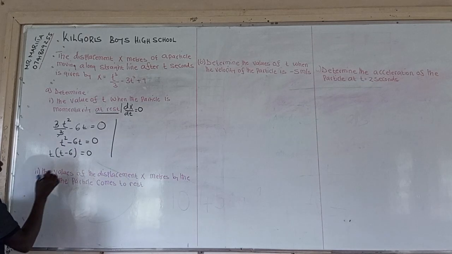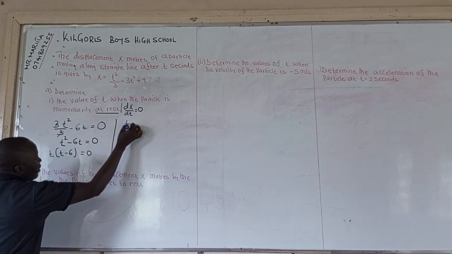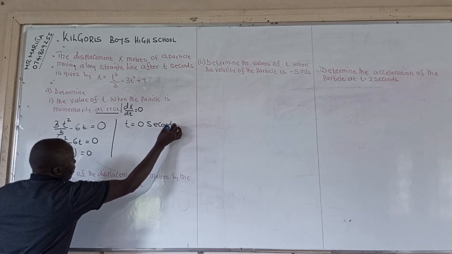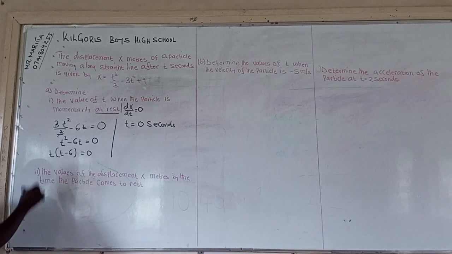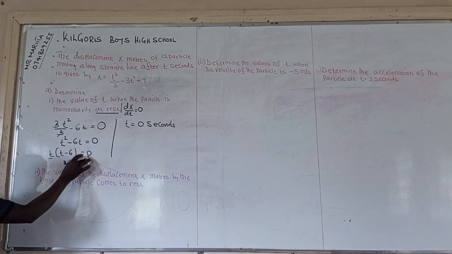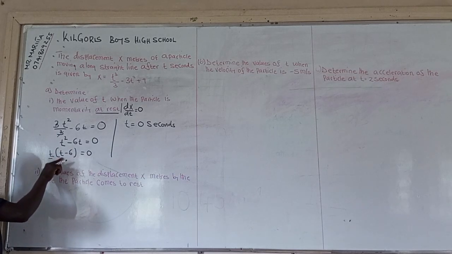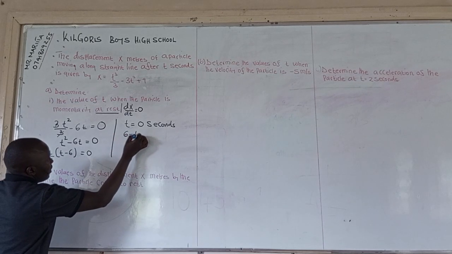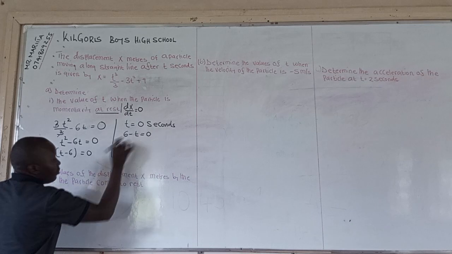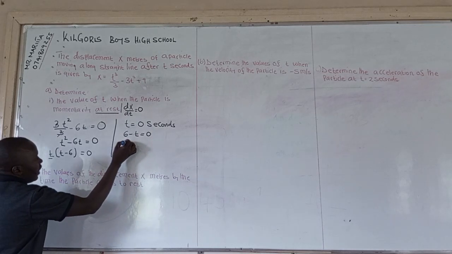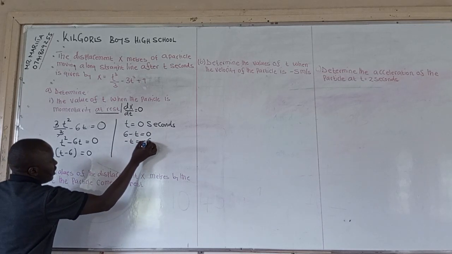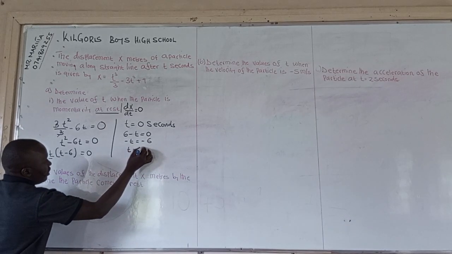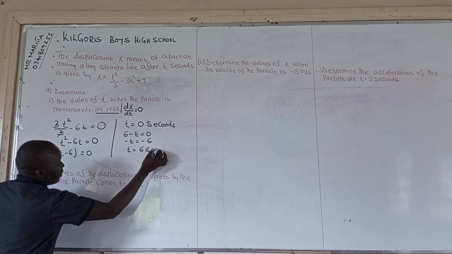Either t is equal to 0 seconds, or t − 6 = 0, from which you realize that t is equal to 6 seconds.